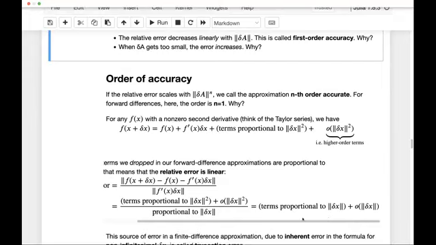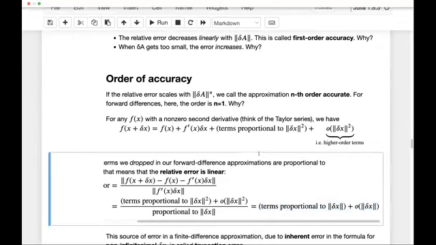So what we expect is exactly this. We expect our relative error to be approximately linear in delta x, plus higher order terms that are negligible as delta x gets small.